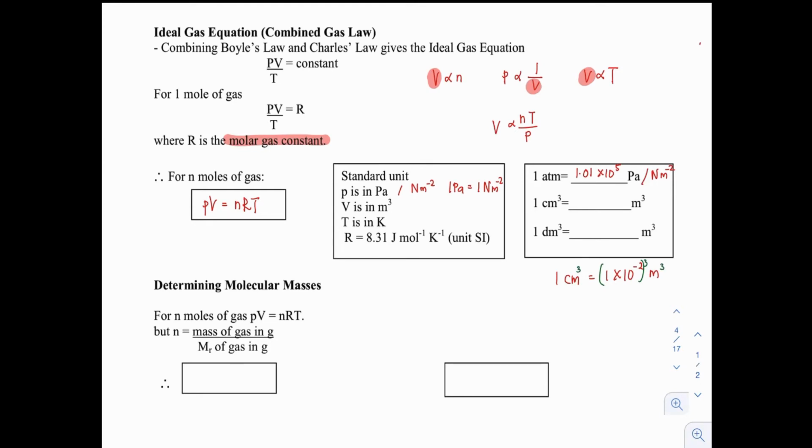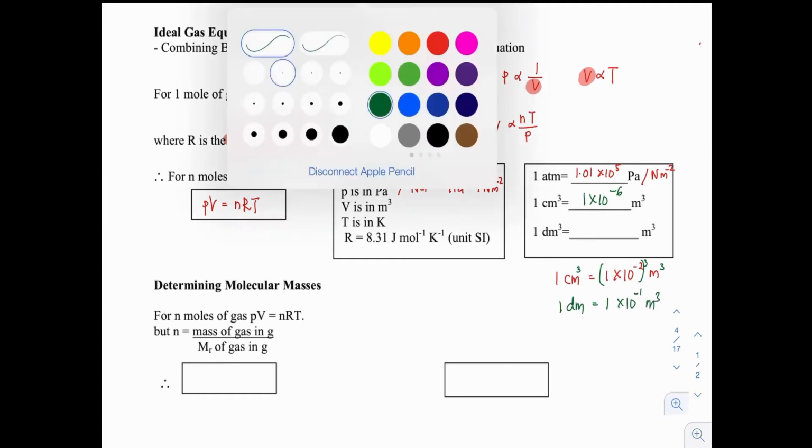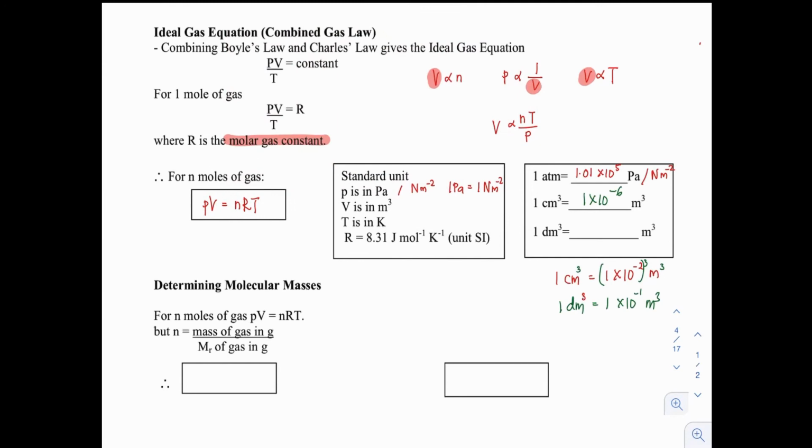So 1 cm cube is equal to 1 times 10 to the power of -6 meter cube. Whereas 1 dm is equal to 1 times 10 to the power of -1 meter. Therefore, if we want to cube this, this will have to be cubed as well. So it will be equal to 1 times 10 to the power of -3 meter cube.